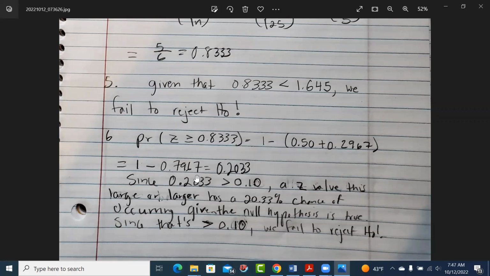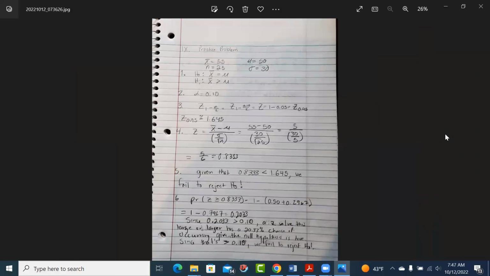So this means that a z value of 0.833 or larger has a 20.33% chance of occurring if the null hypothesis is true. So in this case, we would also fail to reject the null. So we can use two different approaches to rejecting the null, either using the critical value criterion or the alpha criterion. Okay, let's see what's next.